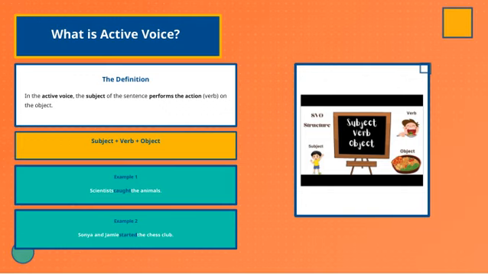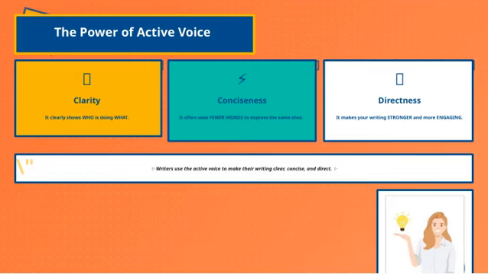throughout this presentation. Let's talk about the power of active voice and why it's such a valuable tool in our writing. First, clarity. When you use active voice, it clearly shows who is doing what. This makes your message straightforward and easy to understand. Next is conciseness. Active voice often uses fewer words to express the same idea, which keeps your writing tight and focused.